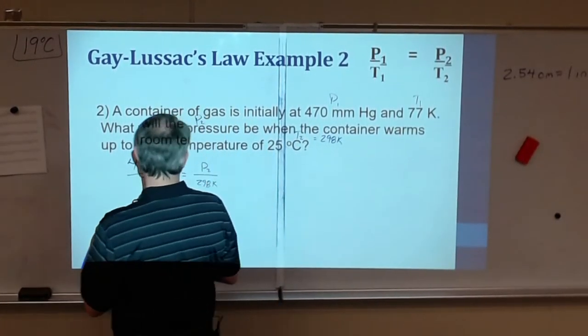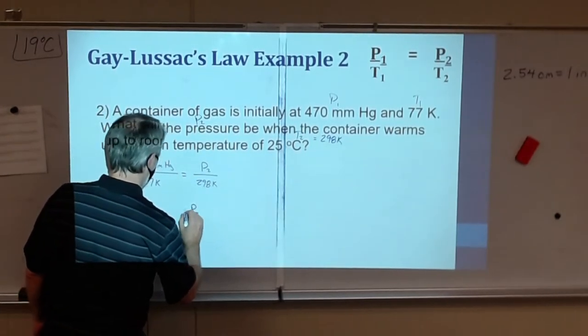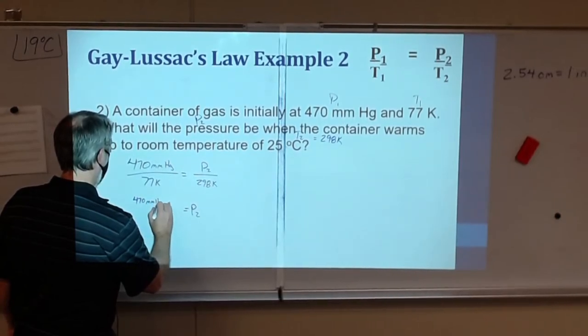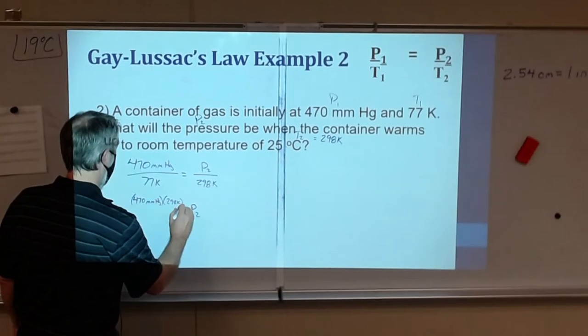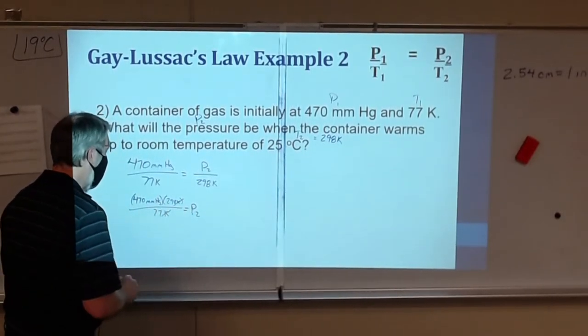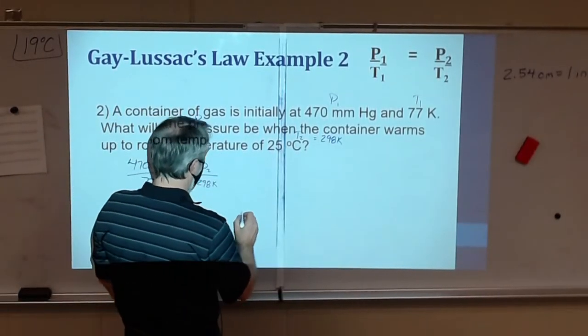All right, so let's go ahead and we can put this over here. I can rewrite this as P2 just so you can see it. 470 millimeters of mercury times 298 Kelvin over 77 Kelvin. Get rid of the kelvins. We do all our punchy, and pressure 2 equals what?